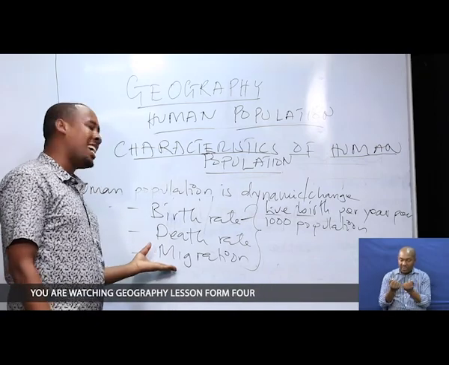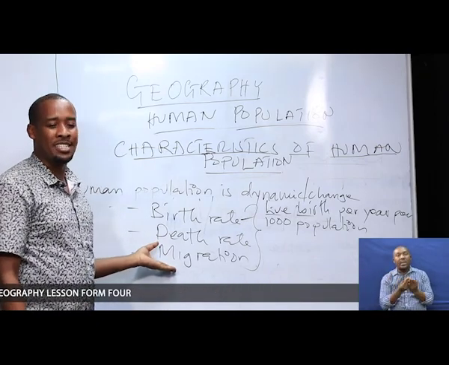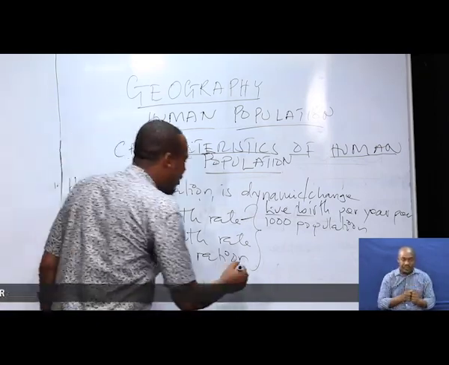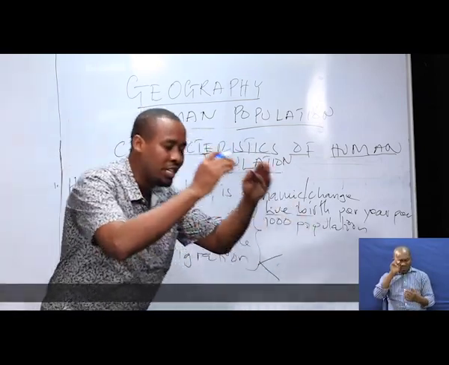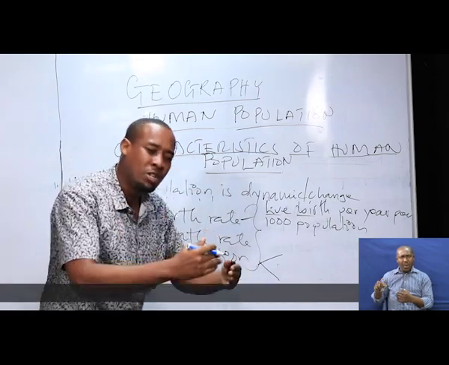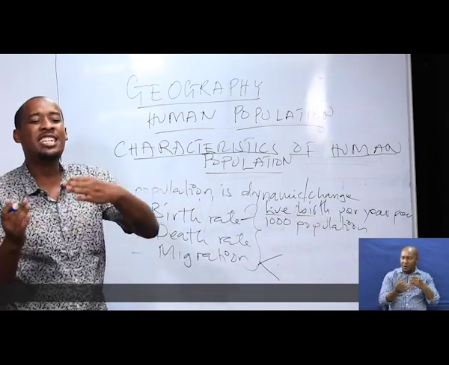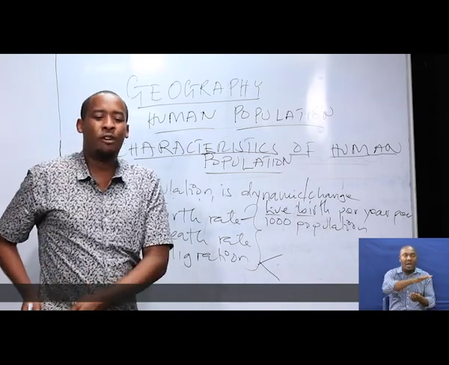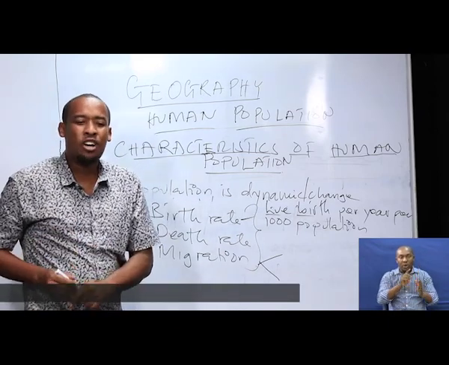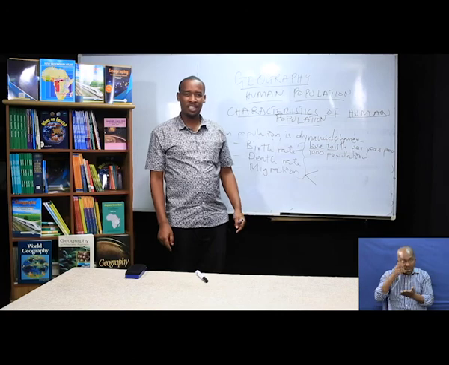Now, how do these migrations cause increase or decrease? We have sub-categories here. When people move out from their areas and decide to go to another area, their point of origin, they cause a decline in the population.